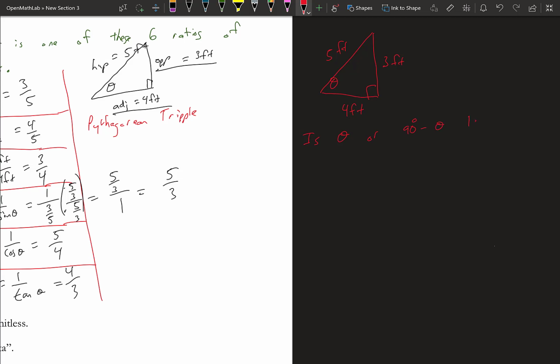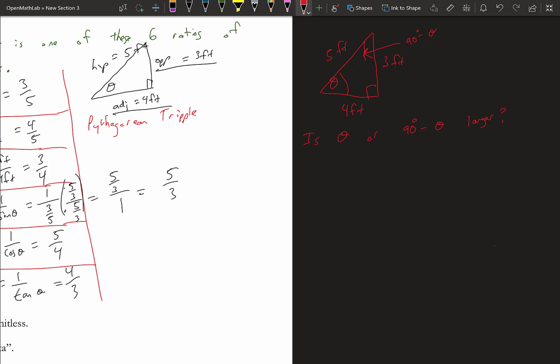So where would 90 minus theta be? That would be this angle, right? This angle's theta. This angle here would be 90 minus theta, because we saw that relationship. If you have a right triangle, the other two angles have to add up to 90.